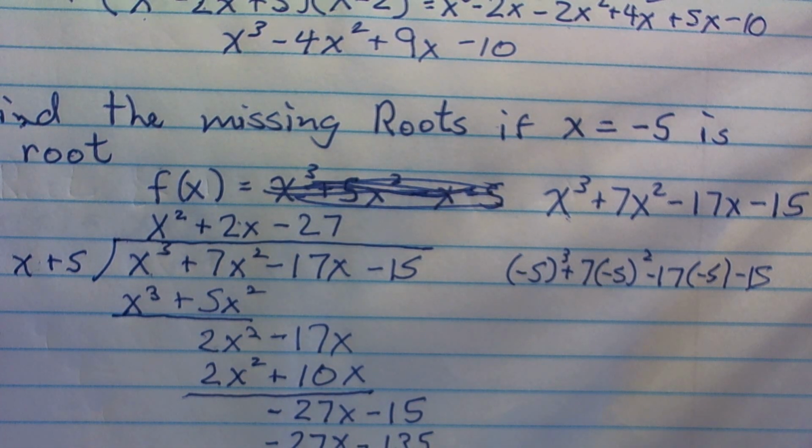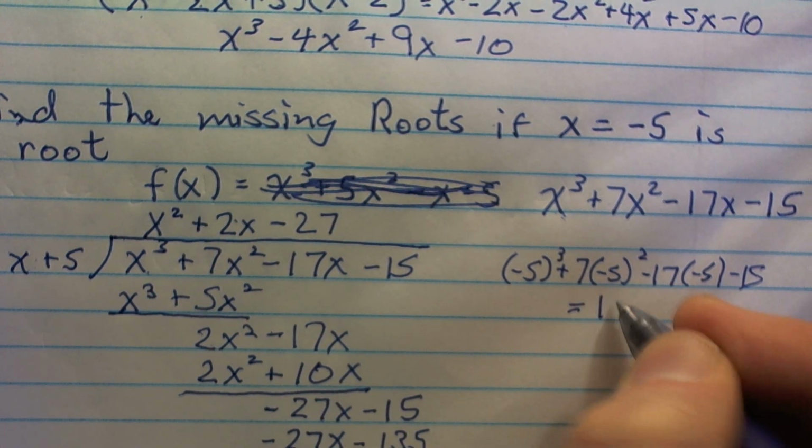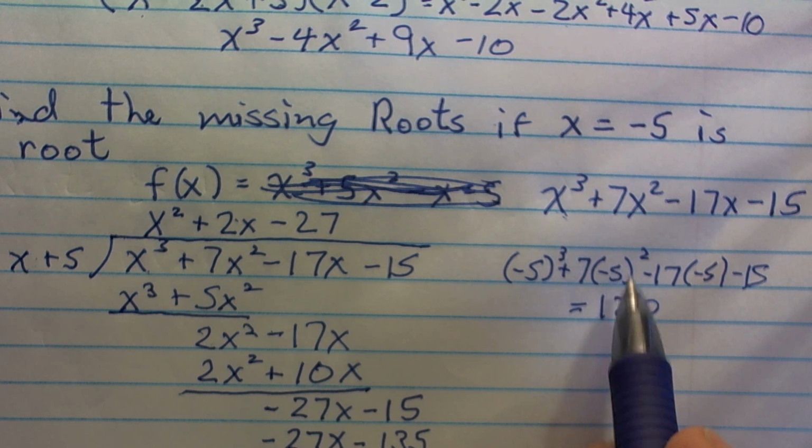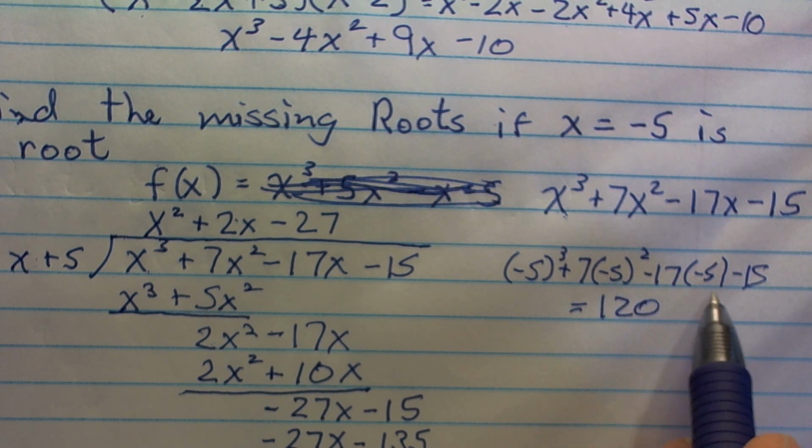So let's see here. Let me calculate it. I've got 7 times negative 5 squared, okay, minus 17 times negative 5, and then minus 15. Let's see. Ooh, I think I get 120. And if I did that all right, yeah.